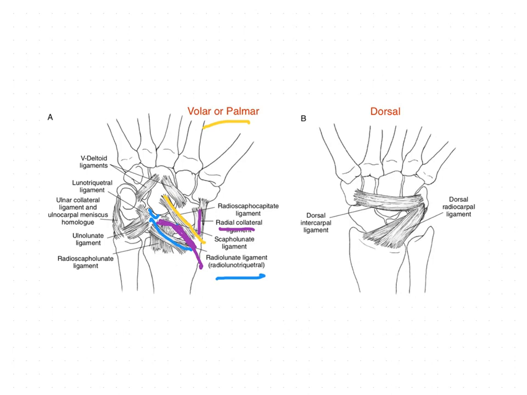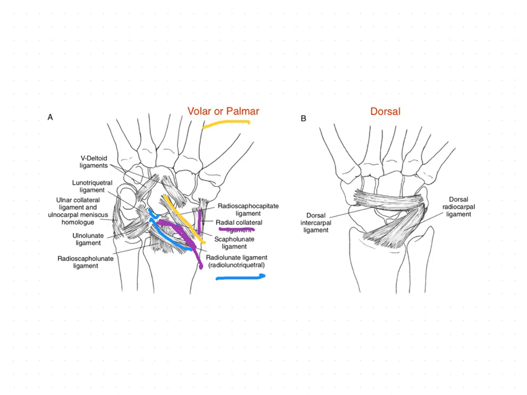So some studies identify the radiocapitate ligament as both an extrinsic as well as an intrinsic ligament. Now this is about the radiocarpal ligaments which are present on the volar aspect.